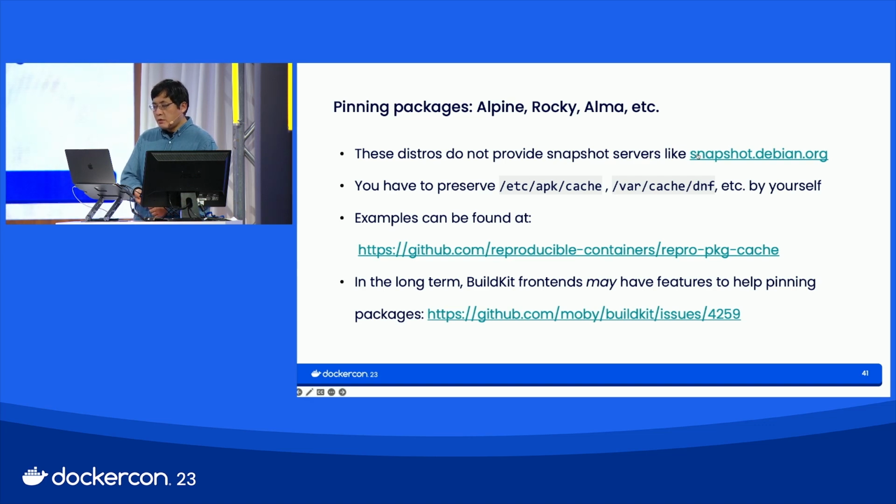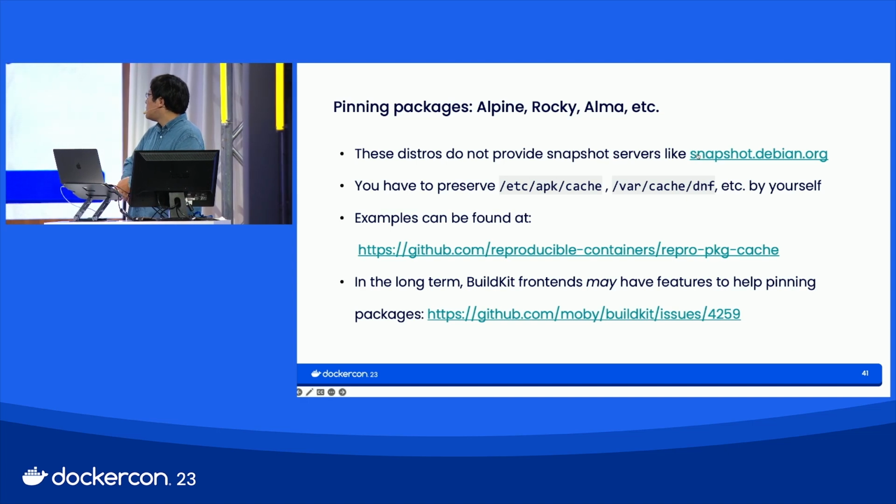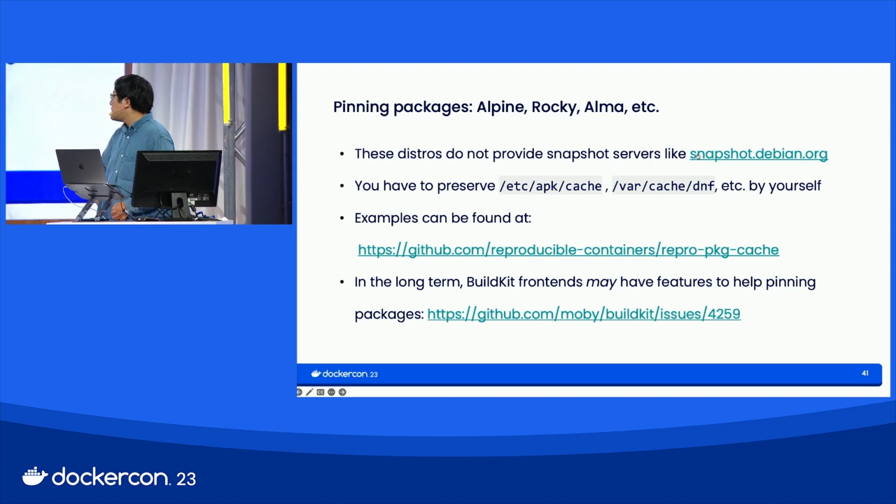So you have to preserve /etc/apk/cache or /var/cache/dnf, etc. by yourself. And you can find example Dockerfiles in my Git repo. And in the long term, BuildKit front ends may have features to help pinning packages, maybe with SLSA provenance.